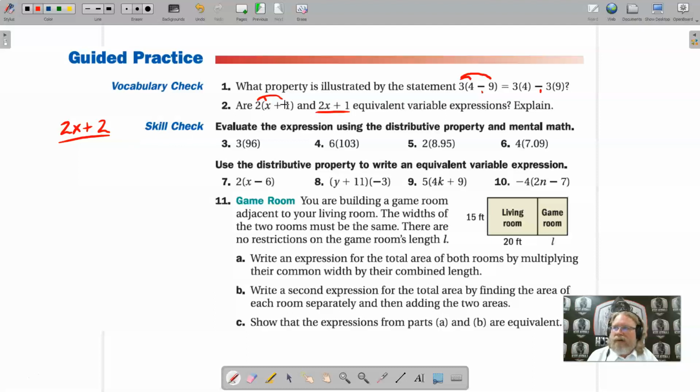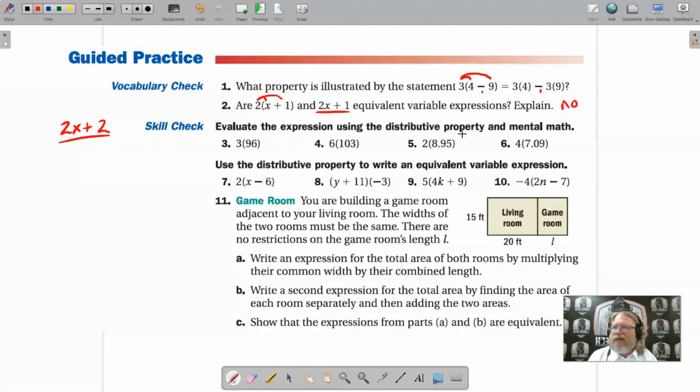So what happened is, you could only get that by not distributing the 2 to both of them, only to the x. In order for this to be 1, you would have had to fail to distribute the 2 to the 1 as well. So the answer is no, and that's because the 2 was not distributed to both values.